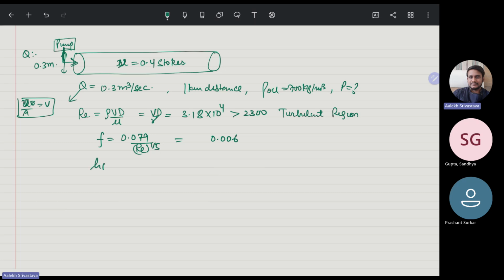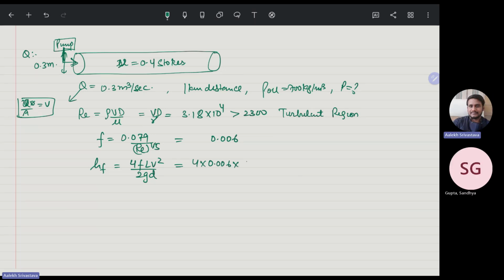Now the head loss is given as 4 f L V square upon 2 g d. So it is 0.006 into the length, 1000 meter, into the velocity 4.24 square, divided by 2 into 9.8 into the diameter 0.3. So you will get a head loss of 73.2 meter.